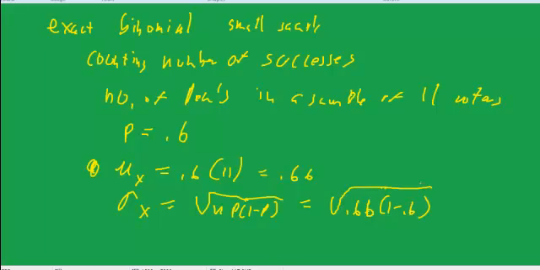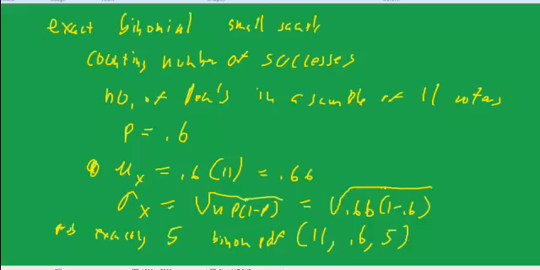So whatever that works out to be, that's the standard deviation. Then if we want to say what's the probability of getting exactly 5 in our sample, then that would be binomPDF. N is 11, p is 0.6, k is 5.